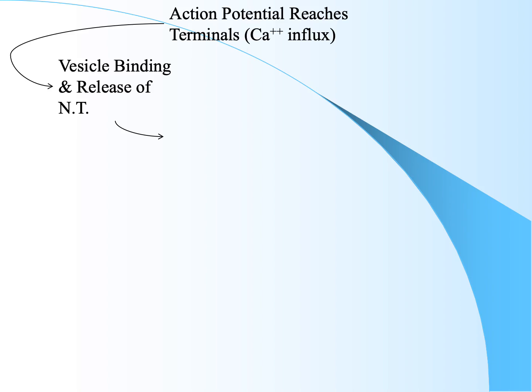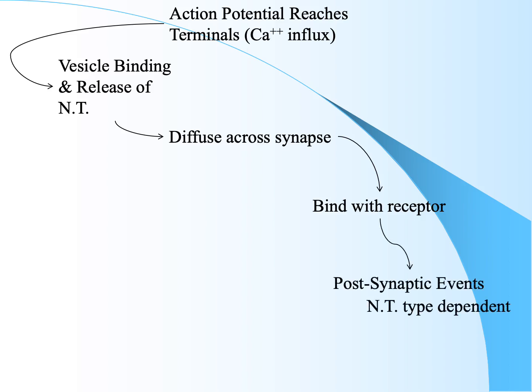As it binds to the membrane, that membrane is then going to exocytotically release the neurotransmitters into the synaptic cleft, where via diffusion principles, they're going to diffuse across the synapse, bind onto the chemical receptor for that neurotransmitter, and then cause the postsynaptic event.